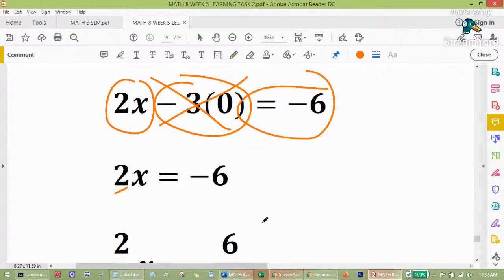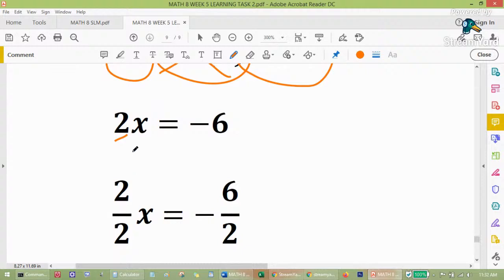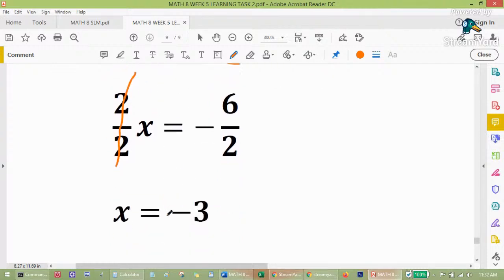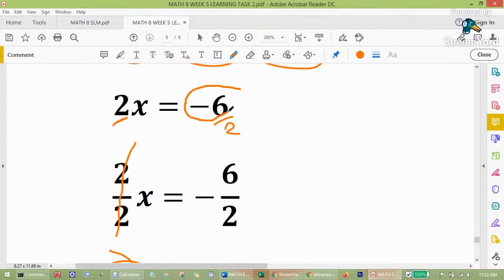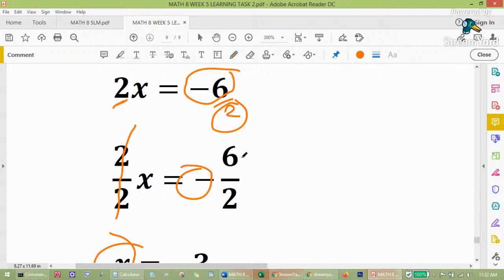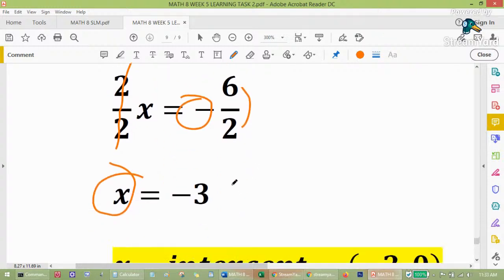Para mawala itong coefficient na 2 na to, i-divide natin to ng 2. 2 divided by 2 is x. Negative divided by positive is negative. And then 6 divided by 2 is 3.